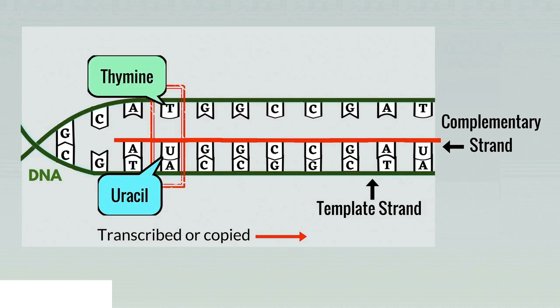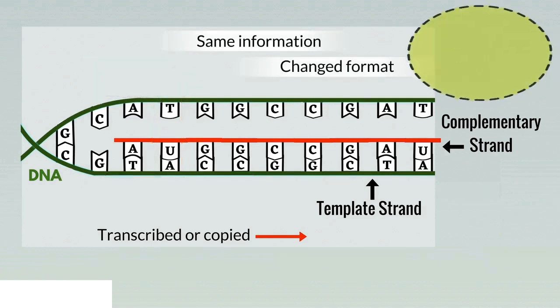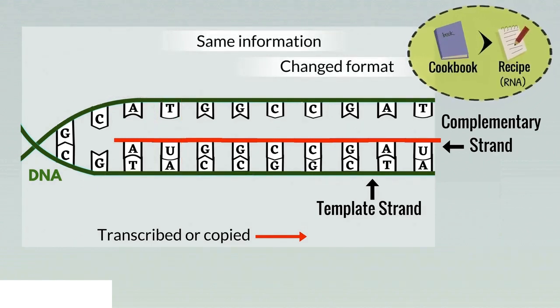It happens because formation of uracil is energetically less expensive. The most important thing is that information remains the same even if the format is changed. It is just like noting down the recipe from a cookbook in your own words. The information is the same, but the format is different.